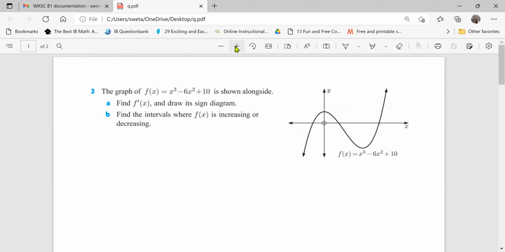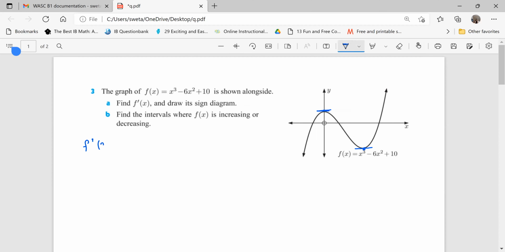Sign diagram means we need to show in what intervals the function is increasing and in what intervals it is decreasing. To draw the sign diagram, we first need to determine the x coordinates of the turning points, because before and after a turning point, the gradient changes its sign.